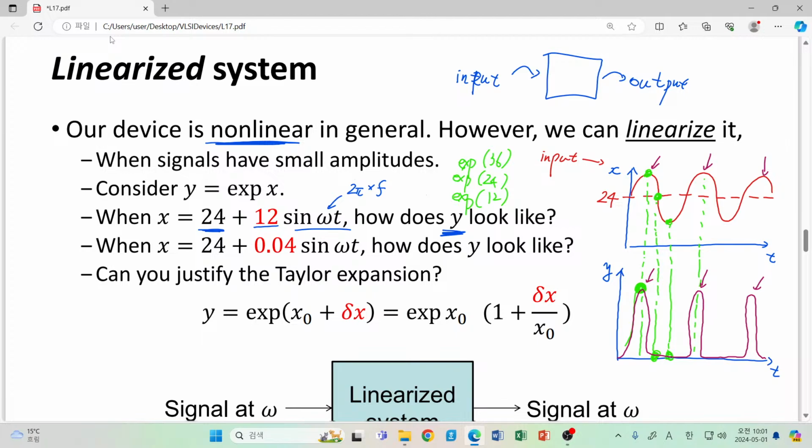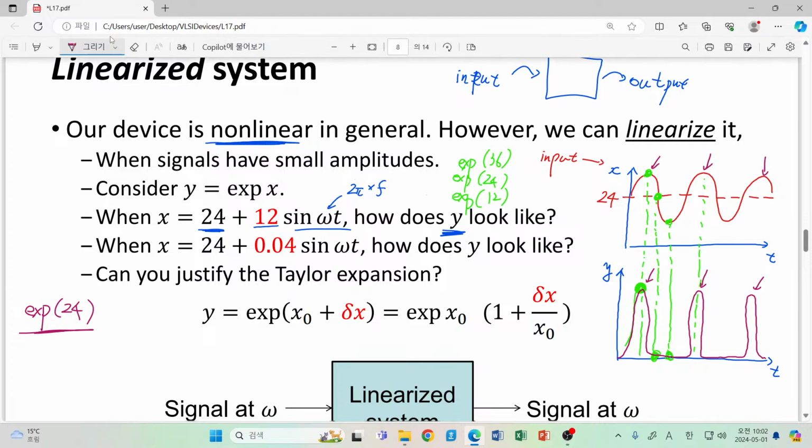Then my question is, please try to once again describe, instead of the input variable, now the output variable with your language. Then what will happen? Can you say it is still averaged at exponential of 24? Its average is 24, and we have an amplitude of something. Can you say so? And it is still a sinusoidal function. You never say it that way. It is just like a pulse.